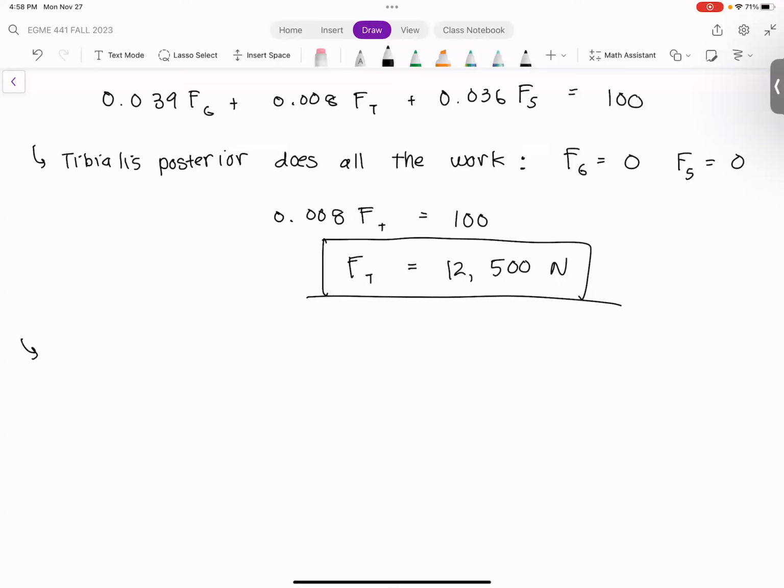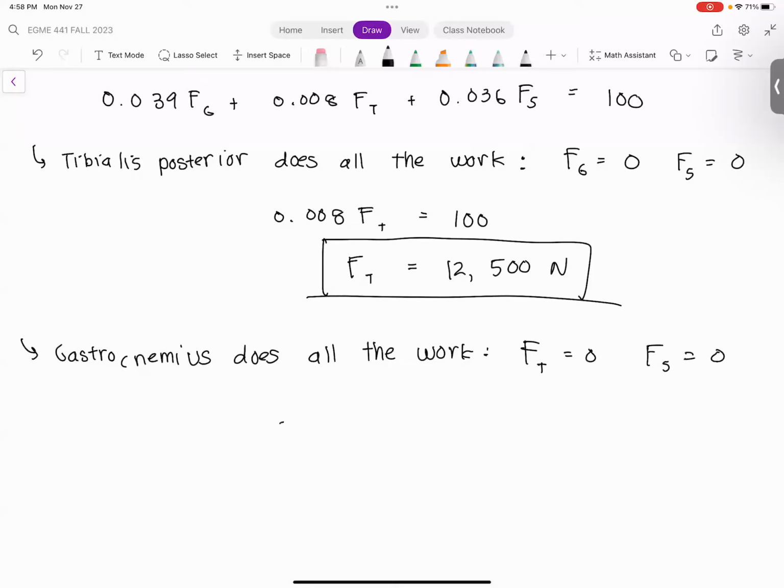All right. So let's compare that to a solution where, let's say, instead the gastrocnemius is going to produce all the work. Okay. So FT is going to equal 0 and FS is going to equal 0.